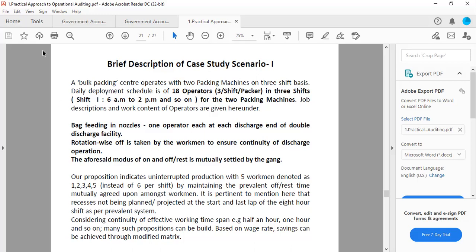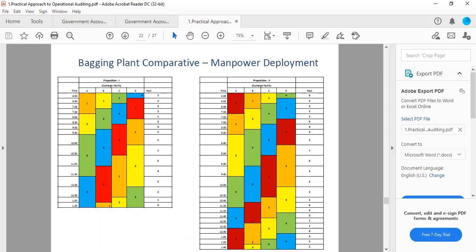Normally the operators or production workers are paid depending on their hours spent. In that case, if they spend fewer hours, they are paid less and the cost to the company is lower, so more savings later on. So here is an example of the comparative matrix for manpower development and then the deployment later on.